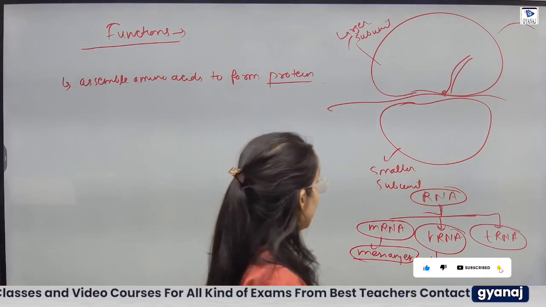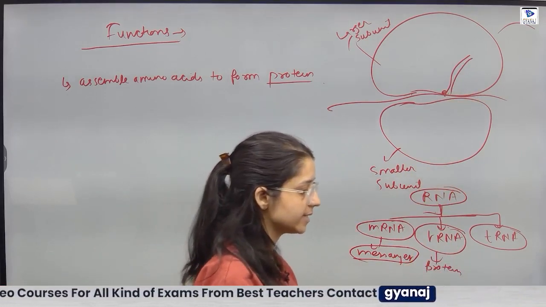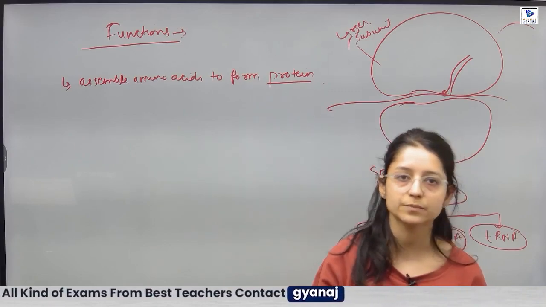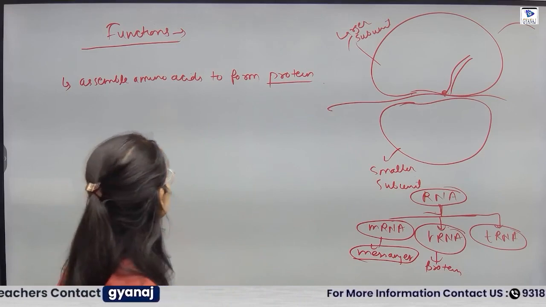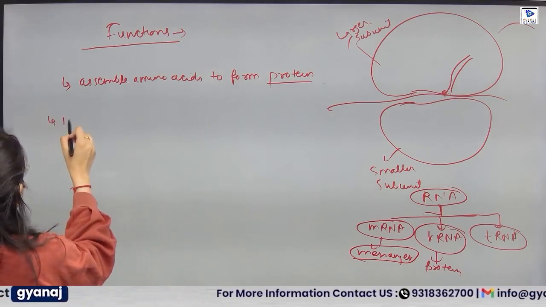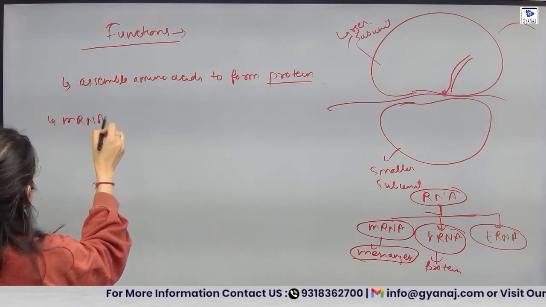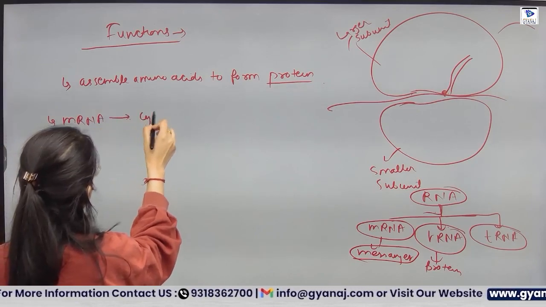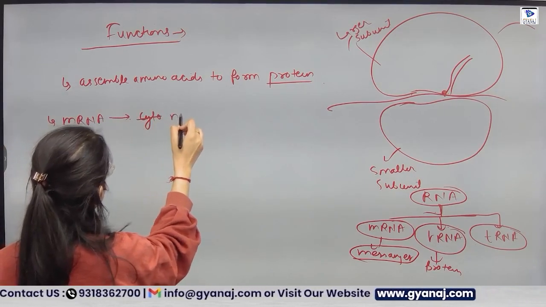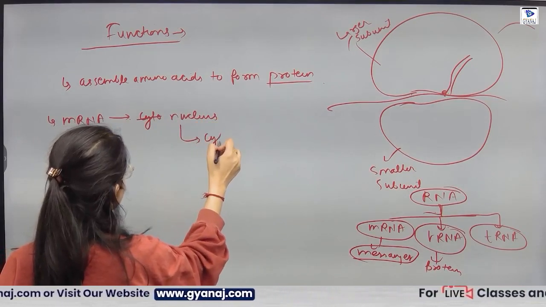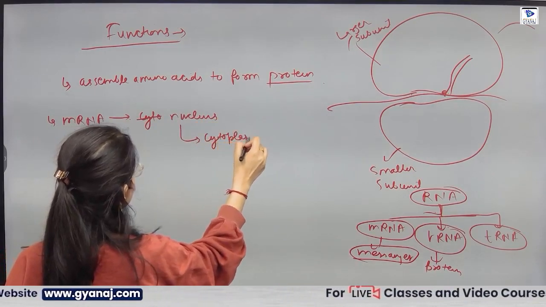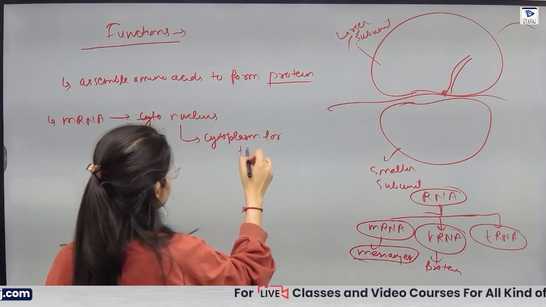So this mRNA is synthesized in the nucleus and transported to the cytoplasm for the process of translation. So mRNA, where is it formed? Nucleus. Then it is transported into the cytoplasm for translation.